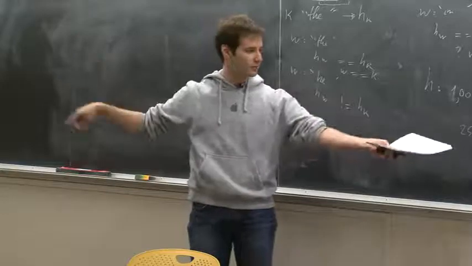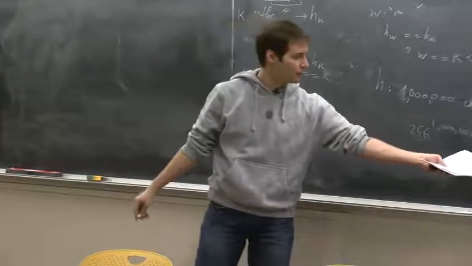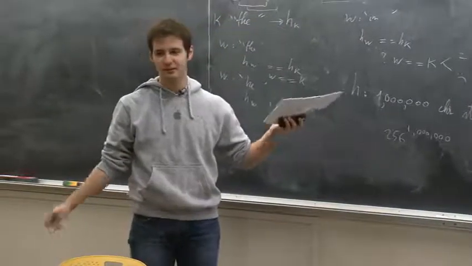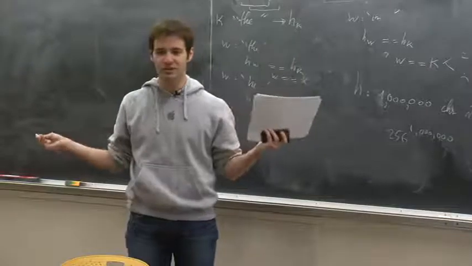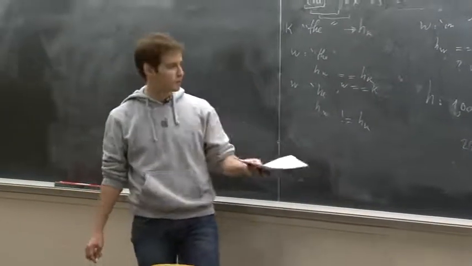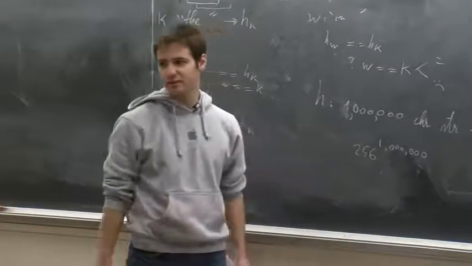But 2 to the 32, by the way, is about 4 billion. If we have 4 billion outputs and a lot of inputs, as we draw our lines, we're eventually going to run out of outputs, and we're going to have to use the same output again and again. So for a hash function, pretty much always the universe size is bigger than the output size.